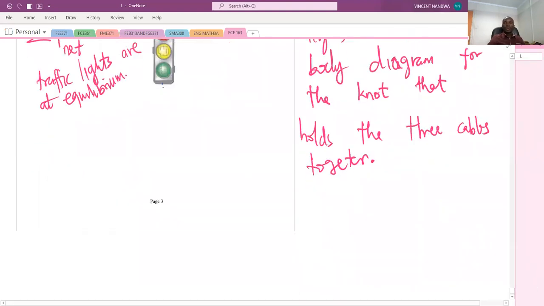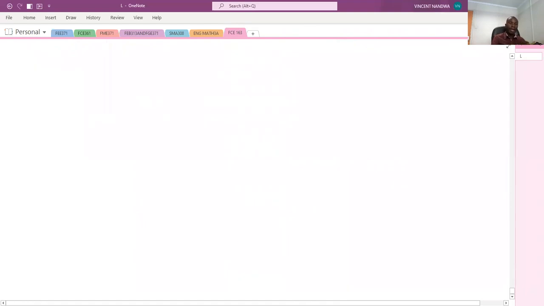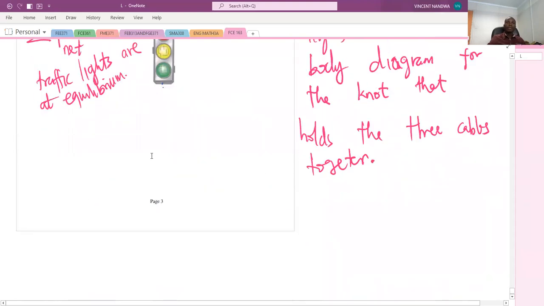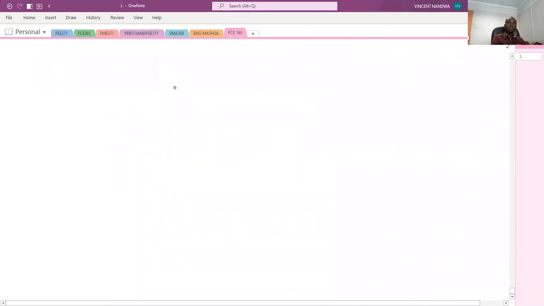So I'll draw a diagram representing all those forces. If I take this node to be my origin, this is my x-axis, and this will be my y-axis. Then I'll have this diagram representing all the forces.